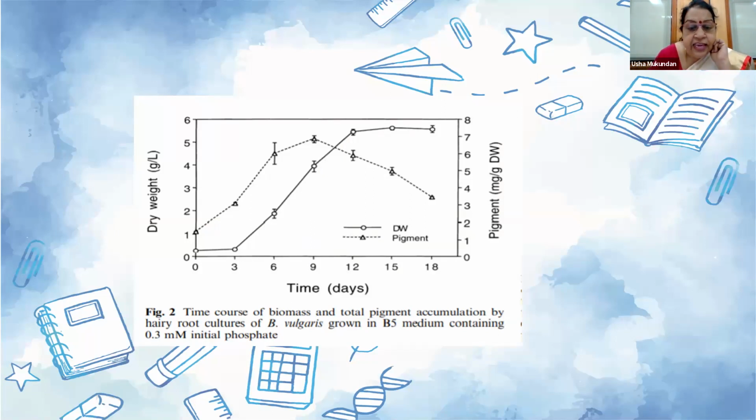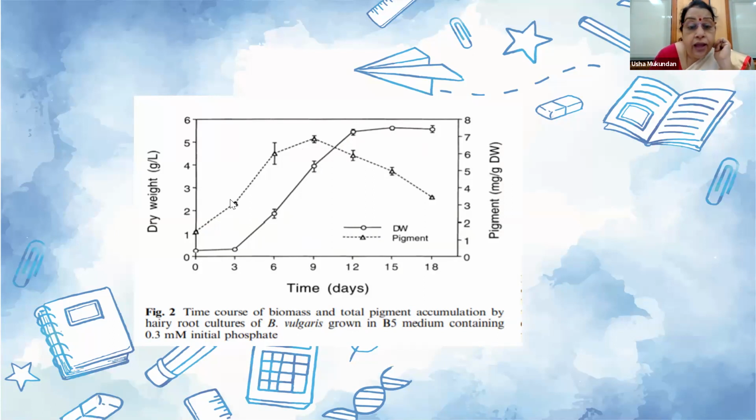As you can see here, the graph with open circles is in terms of dry weight accumulated in grams per liter. And this graph is for the amount of pigment accumulated per gram dry weight.